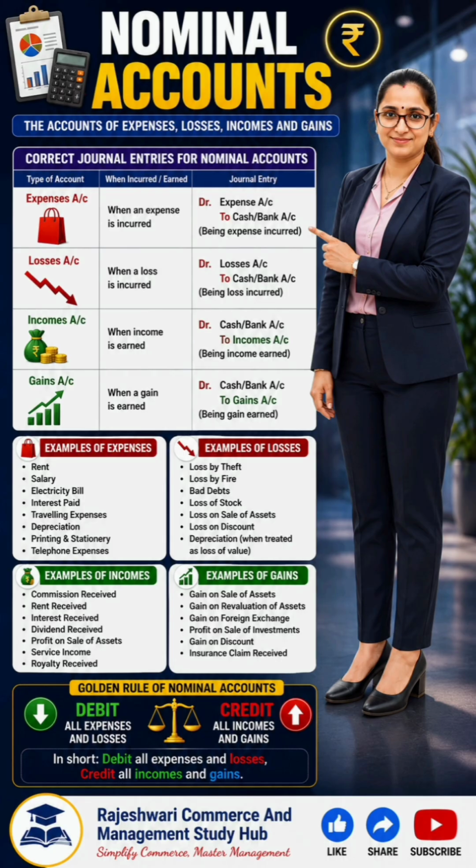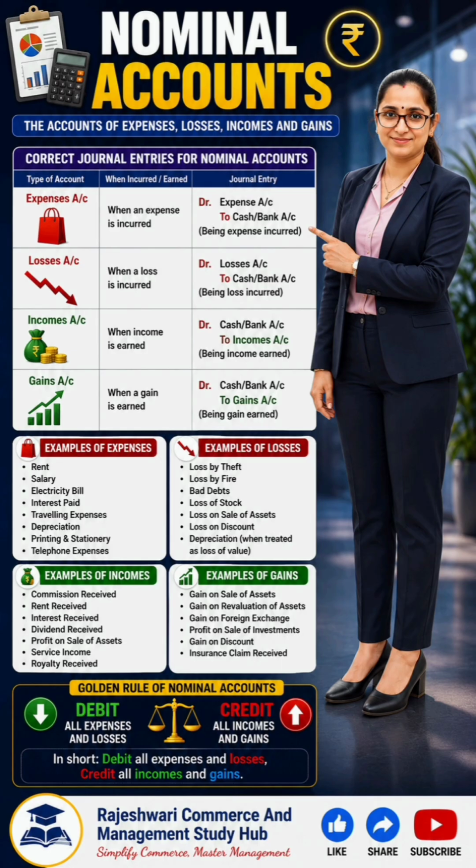Either you will pay cash or you will pay through cheque. Cheque means bank will come into the picture. Right. Now cash. What is the rule of cash? Cash is a real account. The real account rule is debit what comes in, credit what goes out. Because you are paying rent, cash is going out. So cash account should be credited.